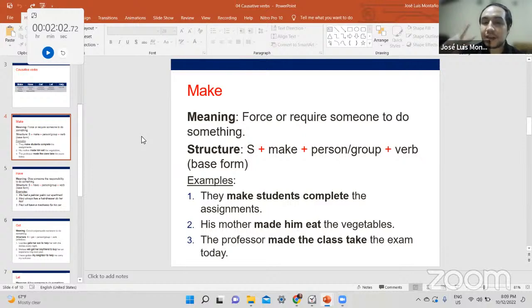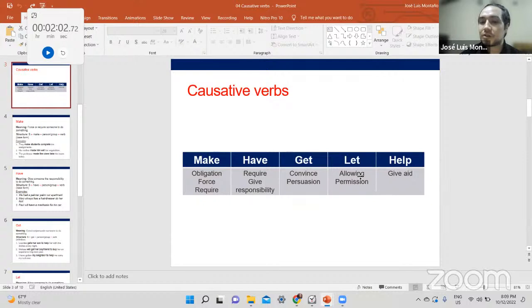And you need to use at least 3 of these causative verbs. That's the minimum. You can use more, but 3 is the only thing that I'm asking. I don't know if you have any questions before giving you the time to do it. Please let me know.